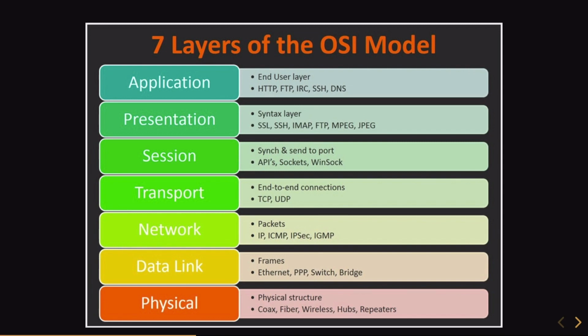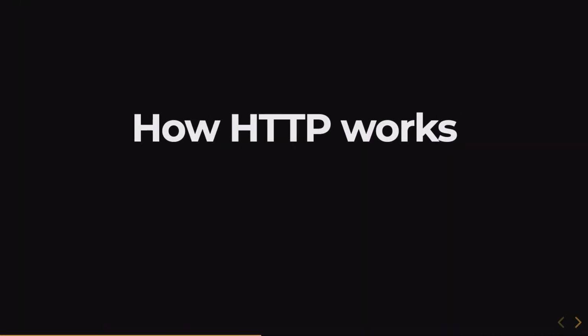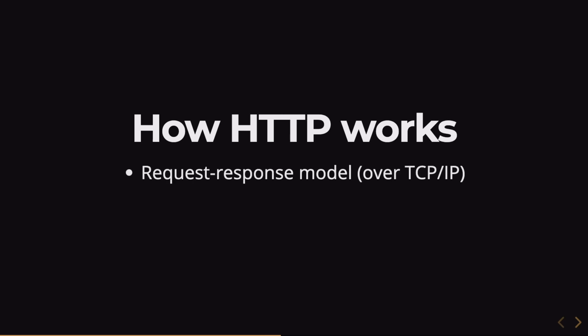So moving forward, let's see how HTTP actually works. The HTTP protocol works on the basis of something known as the request-response model, right? A request-response model means that you have to request something from the remote server in order to get a response.